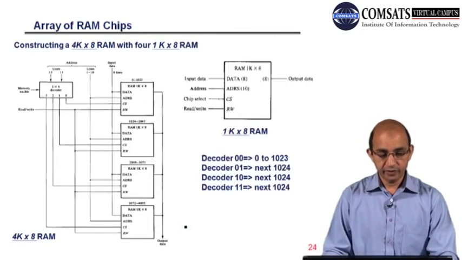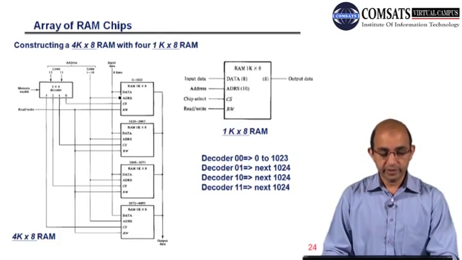So here is an example of an array of RAM chips. You can see that we have a RAM of 1K into 8, so it can handle 1K different address locations, and each location is of length 8 bits or 1 byte.